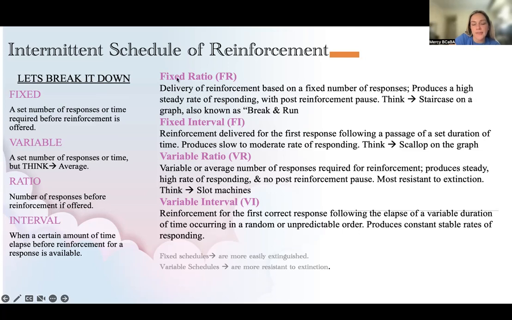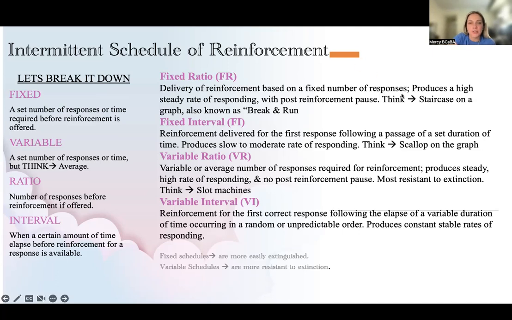A good example is math homework that has 10 problems, and it always has 10 problems. Or when I was in elementary school, we had to write down our vocabulary words, each word 10 times. It was always that fixed ratio.